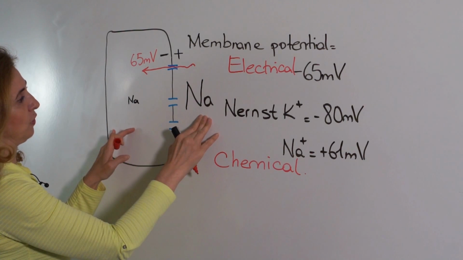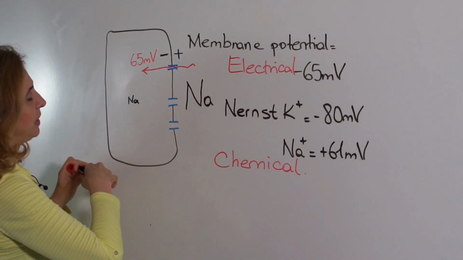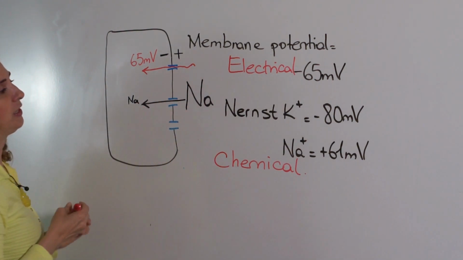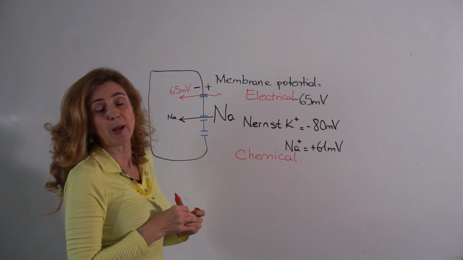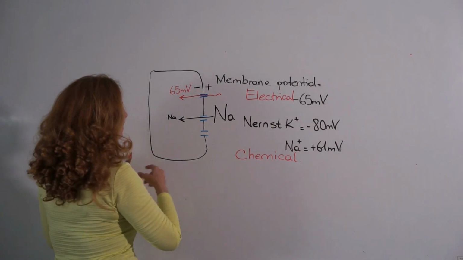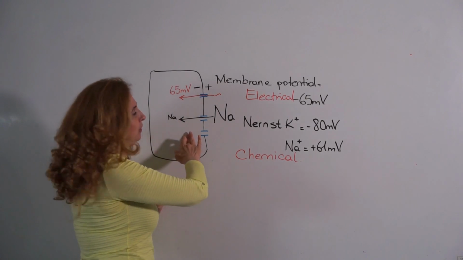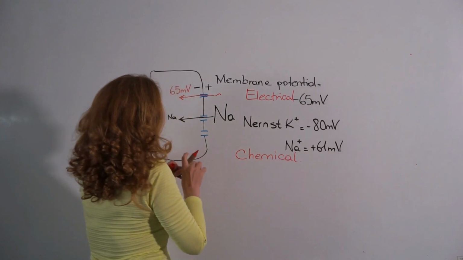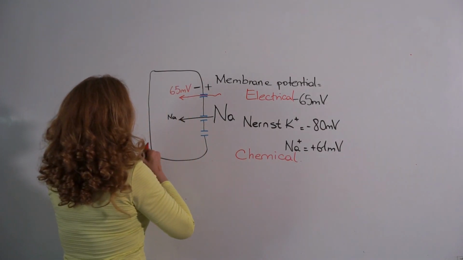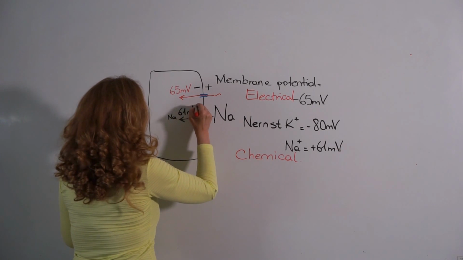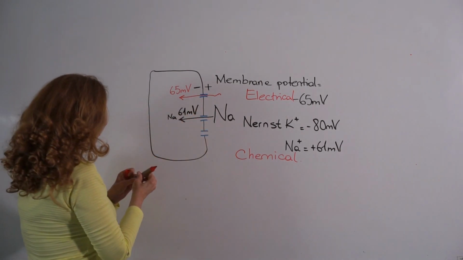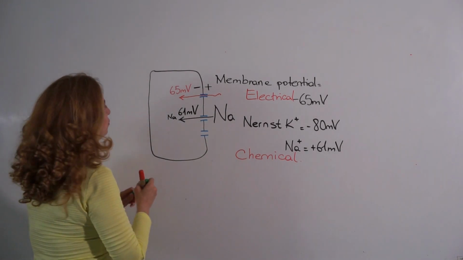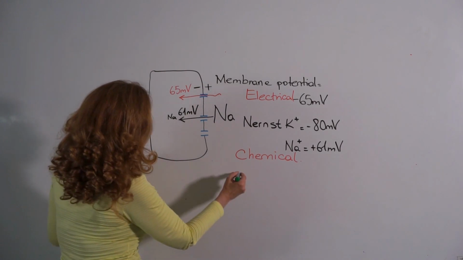What about the chemical force? The chemical force will be from high concentration to low concentration, which in the case of sodium is from outside to inside. And what is the magnitude of this chemical force? The magnitude of it will be equal to the Nernst potential of sodium, which is 61 millivolts. The net force for sodium is going to be the summation of these forces.